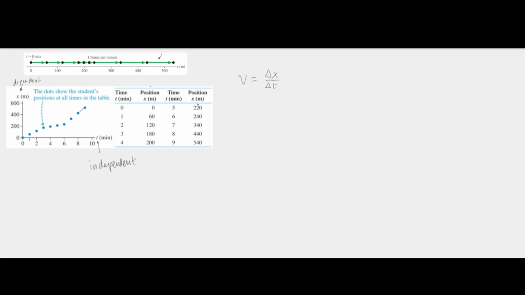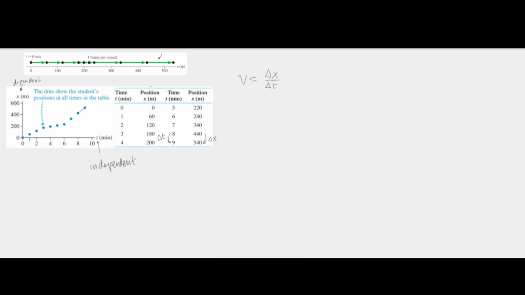Okay, that is a change in position. Look, position change, that's a delta x. And we can see here time change from 8 to 9. That is a delta t. So the slope of this line on the position versus time graph for this segment is the velocity.